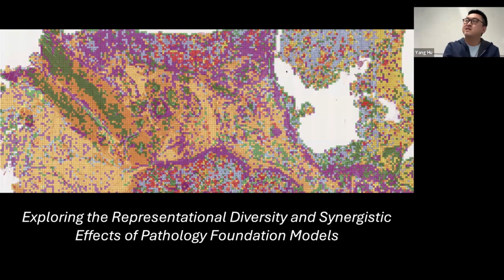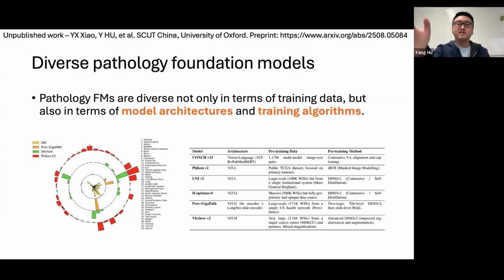Very intuitively, we just explore the representation diversity and how the features of different foundation models can help each other. As we know, pathology foundation models have very strong diversity in training resources, training algorithms, and model architectures.